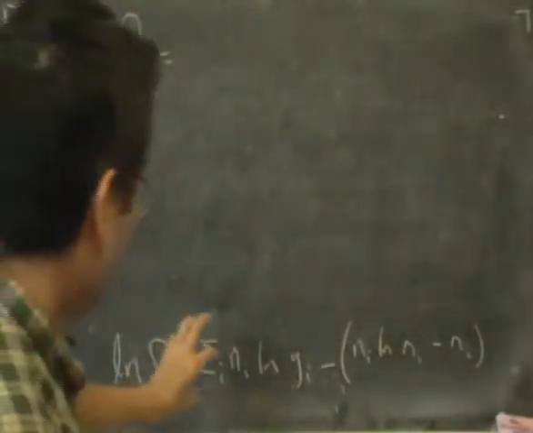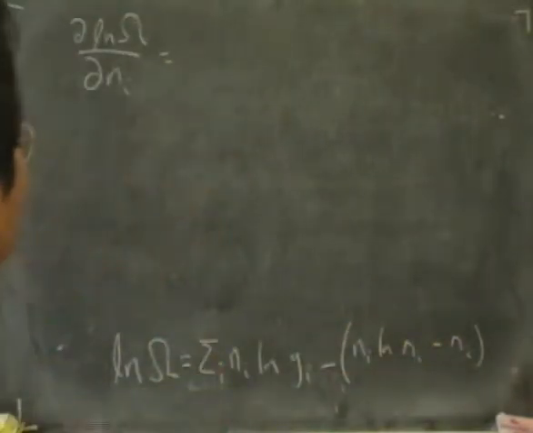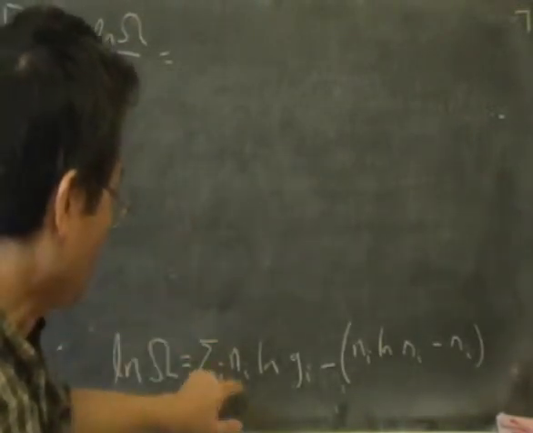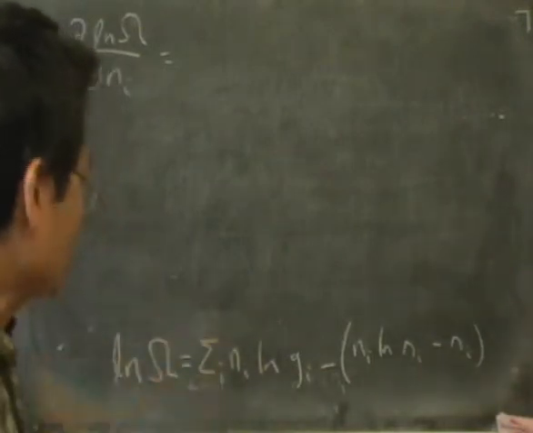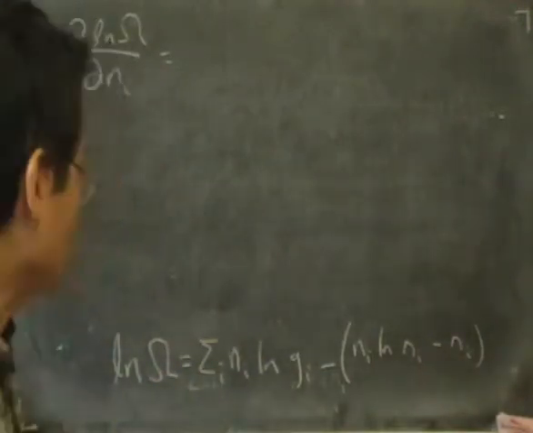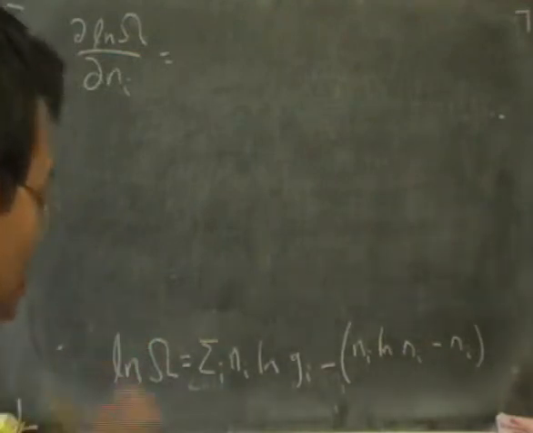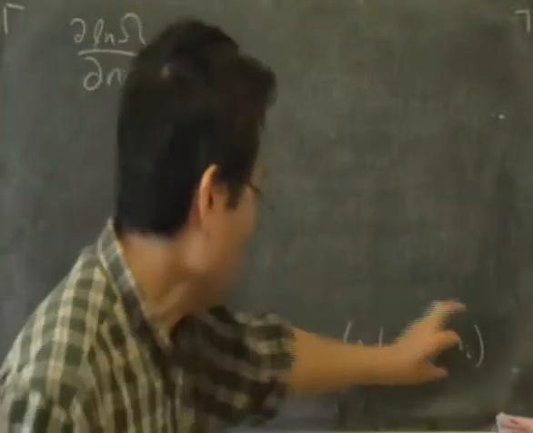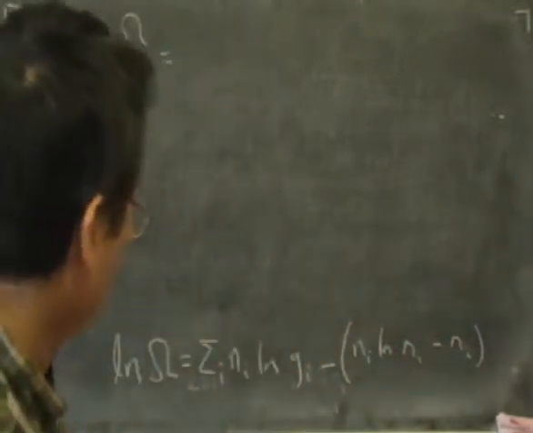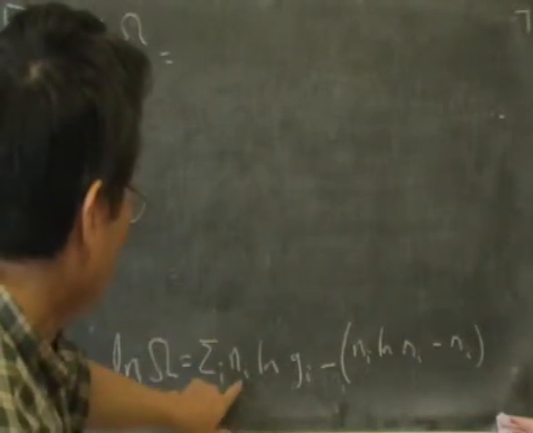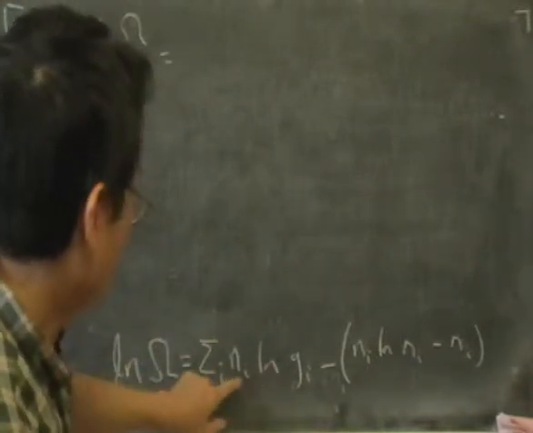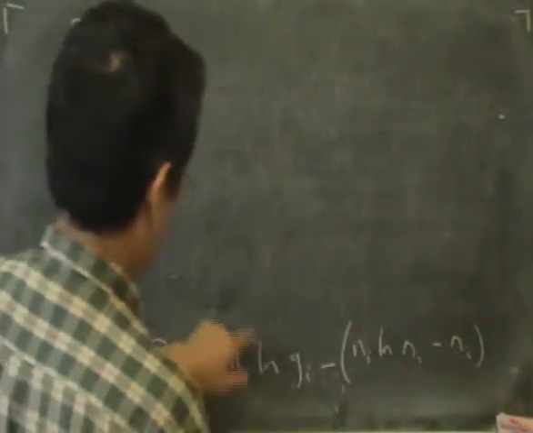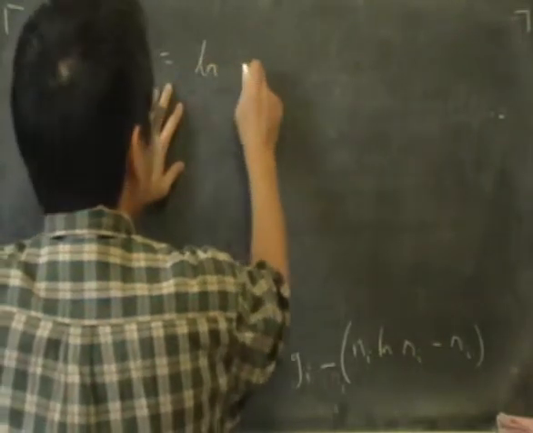So this is a sum over i. Now if I'm differentiating with respect to a particular ni, then all the other terms in this summation will be 0 because they have different variables from ni. So all I need is to keep this term, and I can now forget about the summation. If I differentiate this with respect to ni, gi does not change with respect to ni, so that differentiates to 1, and then I get log gi.